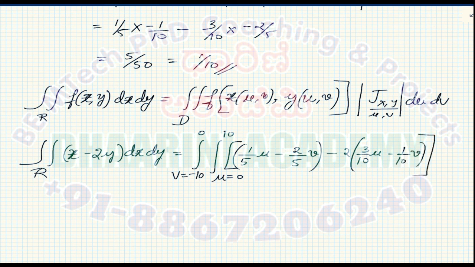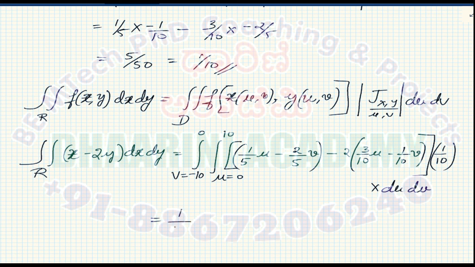So this is the x minus 2y in terms of u, v. Then I need to multiply this with the Jacobian. So Jacobian is 1 by 10. I write that, into du dv. Alright, upon simplification, let's do that.